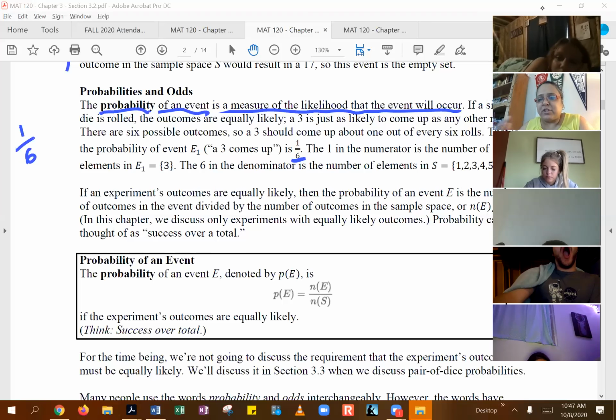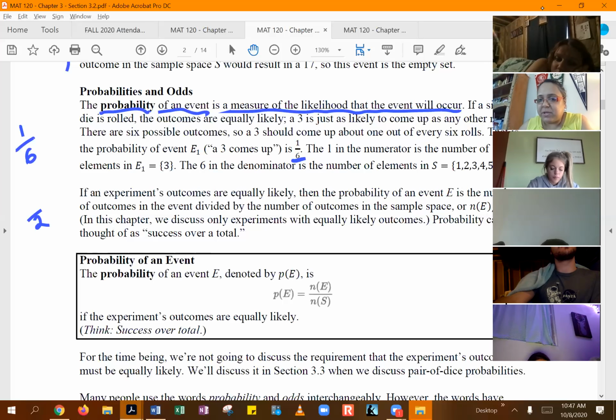With tossing a coin, you have heads or tails, so that's 2 total outcomes. If you land a head, the probability would be 1 out of 2. If you land a tail, the probability will also be 1 out of 2. You will see they have the same probability. That's what we mean by equally likely. If we talk about a deck of cards, there's a total of 52 cards.